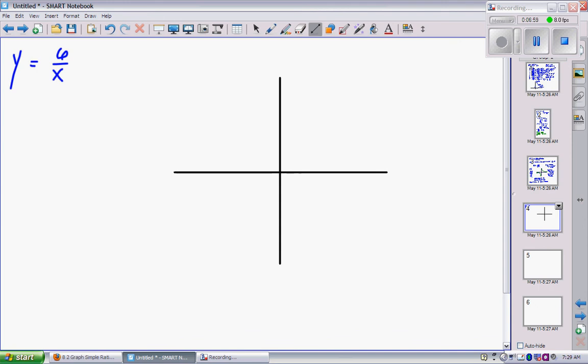Because it's in this form and has nothing extra added to it, you know you're going to have a vertical asymptote at x equals 0 and a horizontal asymptote at y equals 0.